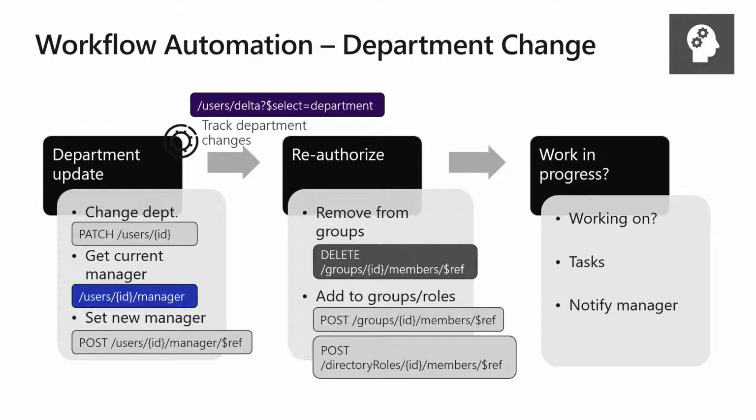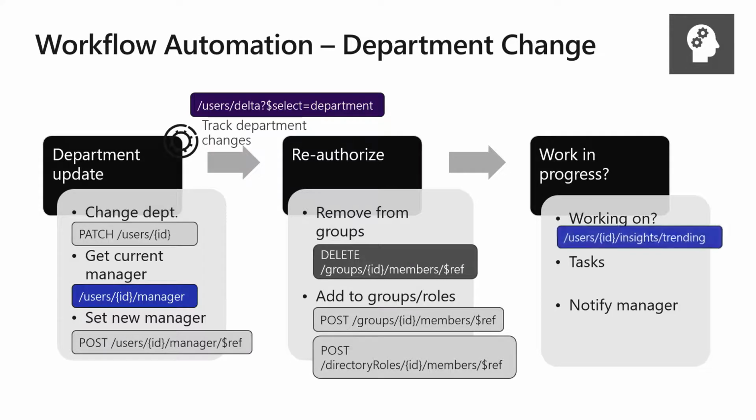Now you can take this a step further and actually start to save time for the user and their manager, and make things more efficient for everybody involved by doing some automation around the handoff of their work to somebody on their old team.